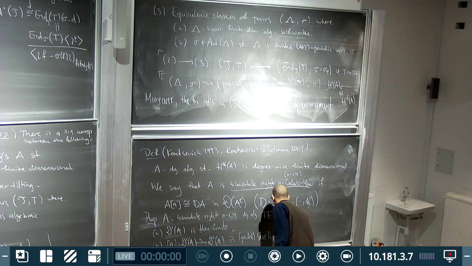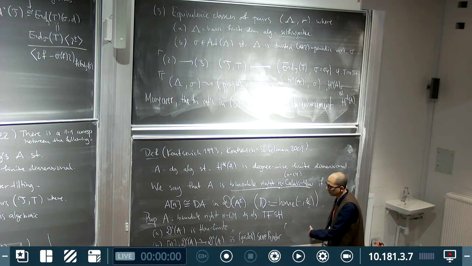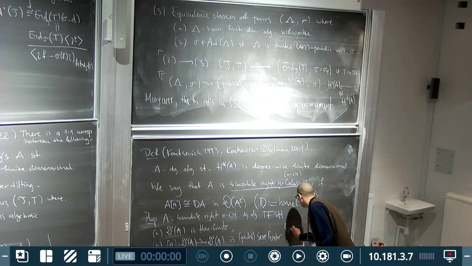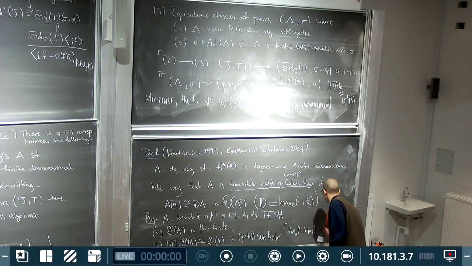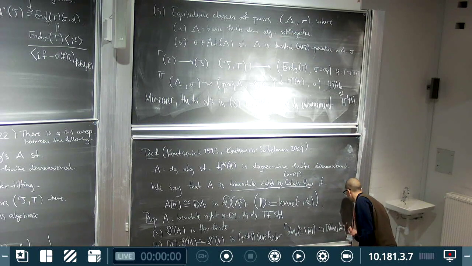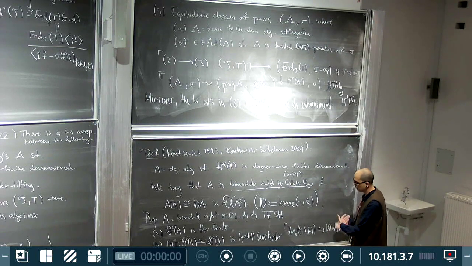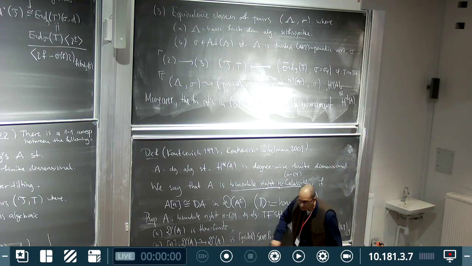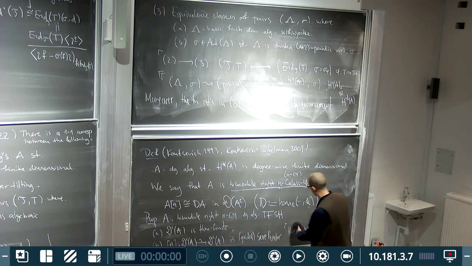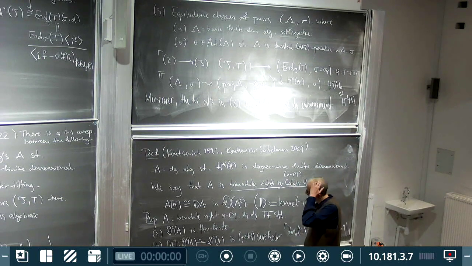Graded just means you need to take care of some signs, and Serre functor means that the natural form of Serre duality is satisfied, so that there are isomorphisms of vector spaces natural in X and Y of the following form. If these are just natural in the vector space sense, you have an ordinary Serre functor, and the grading has to do with compatibility with the action of the shift and the signs. Let's ignore this for a second. So that's very good.